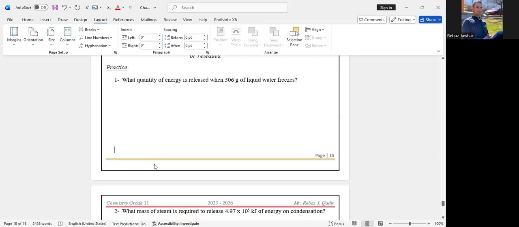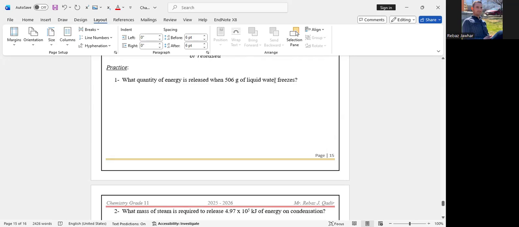Practice. What quantity of energy is released when this amount of water freezes? Again, here we have freezing. We said that the first step is to indicate the process, either freezing, fusion, or condensation, vaporization, so as to use the molar enthalpy of fusion or the molar enthalpy of condensation.